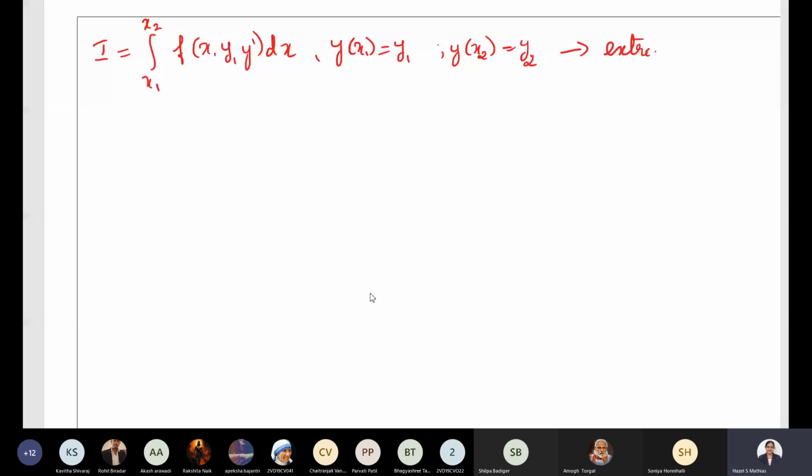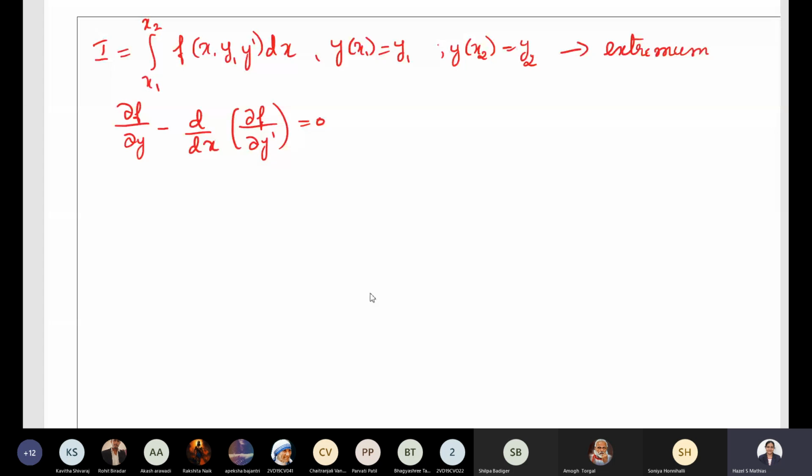Necessary condition for this functional to achieve the extremum is that dou f by dou y minus d by dx of dou f divided by dou y dash equal to 0. So this is the statement. This is what Euler's equation says.